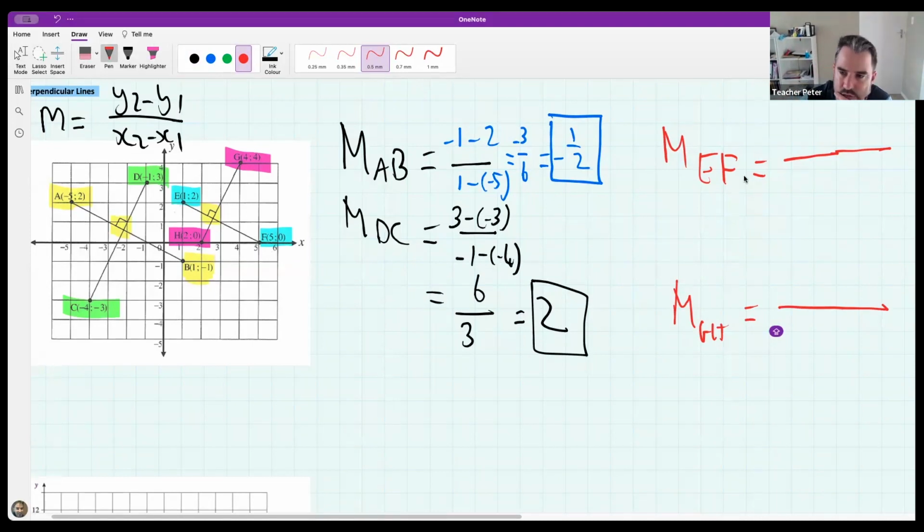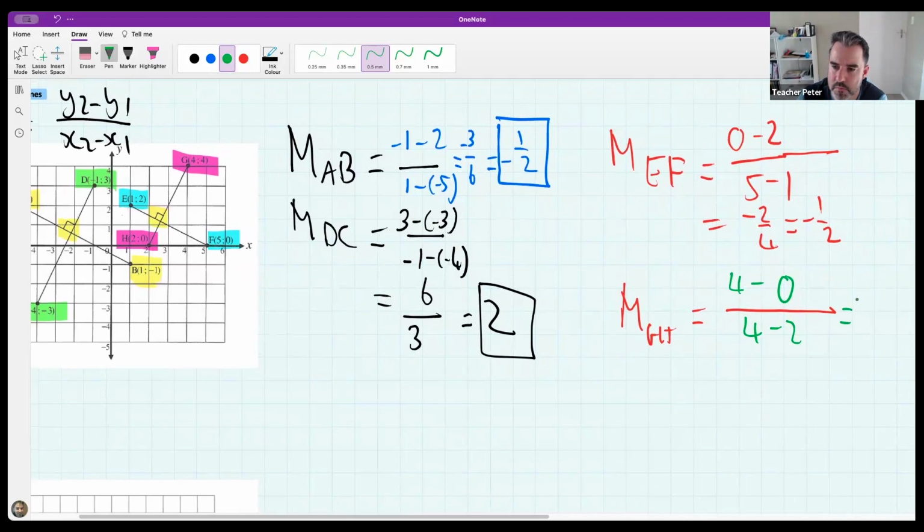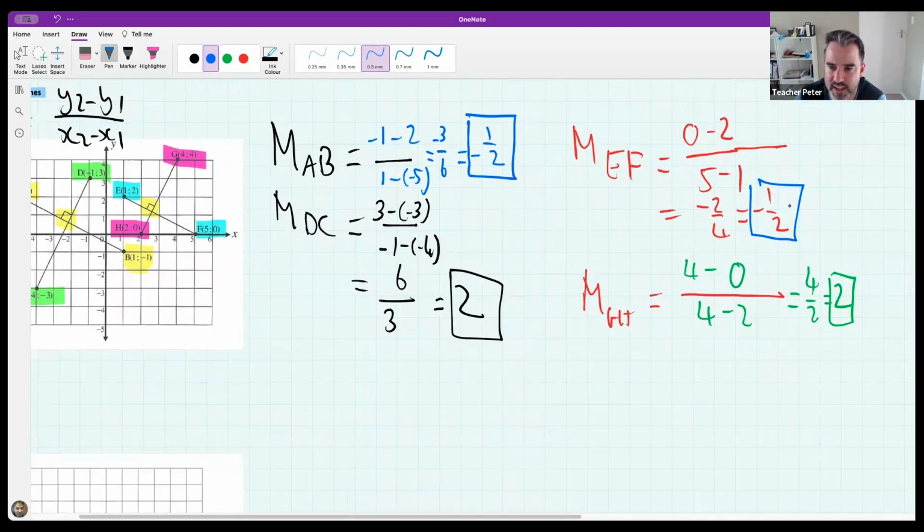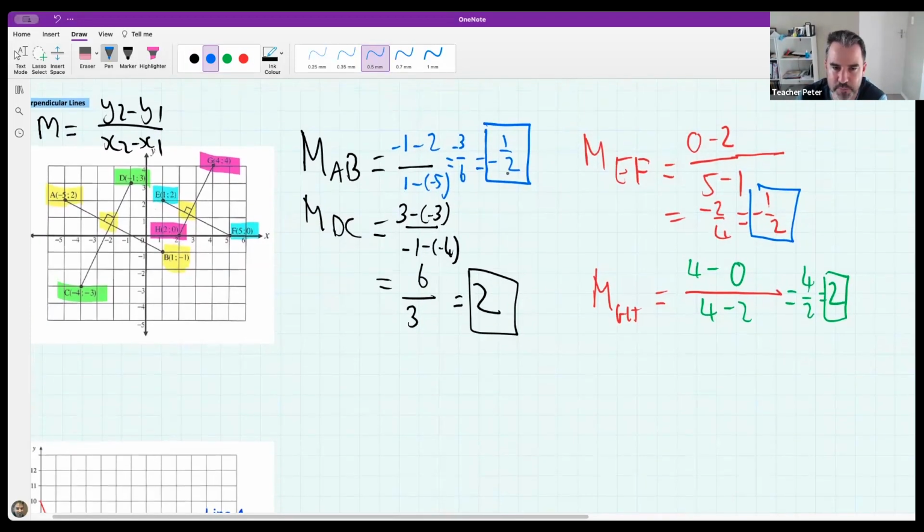It's EF. So what I get is that the gradients for AB and DC are not the same, but the gradients of AB, let me highlight them.